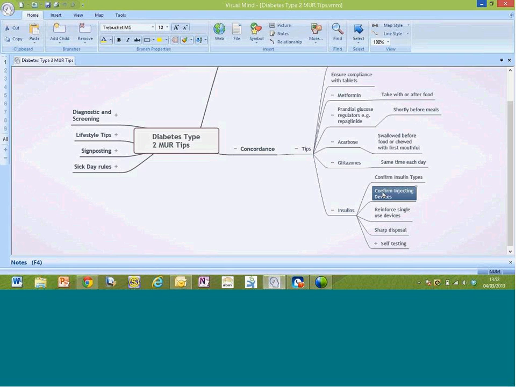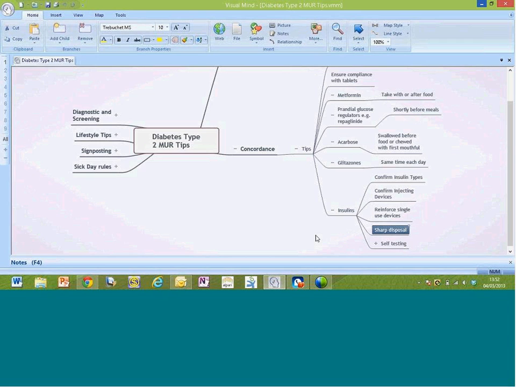Reinforce the use of single-use devices as well, for example, that the lancets they're using are used on a single basis as opposed to a multiple basis, which could increase the risk of infection. Make sure that they've actually got resources for sharps disposal as well. And if they don't, they may need to contact the council to get rid of those sharps.